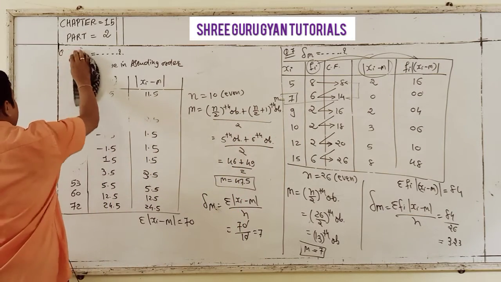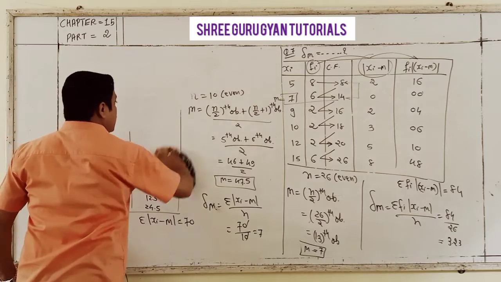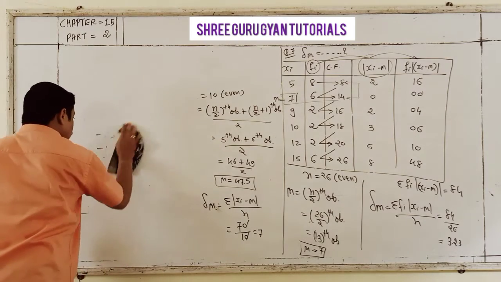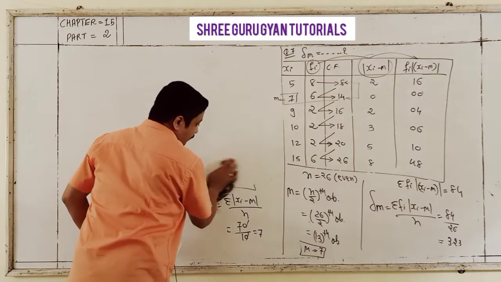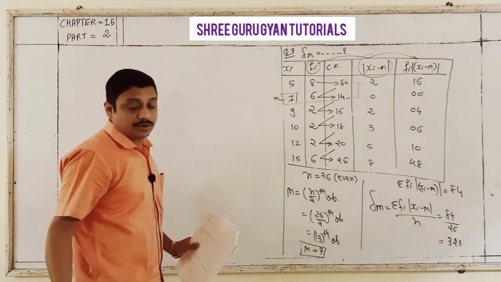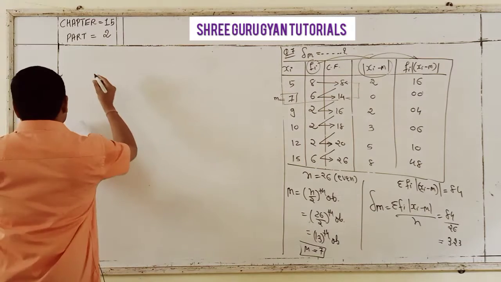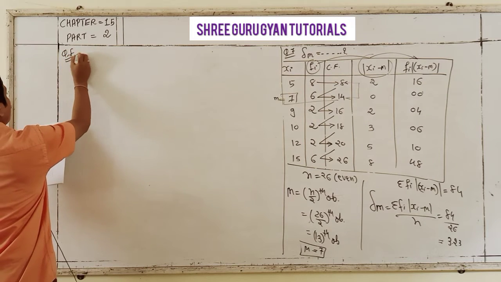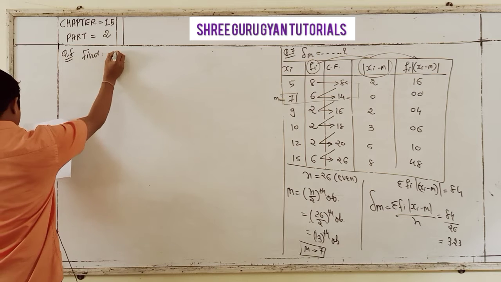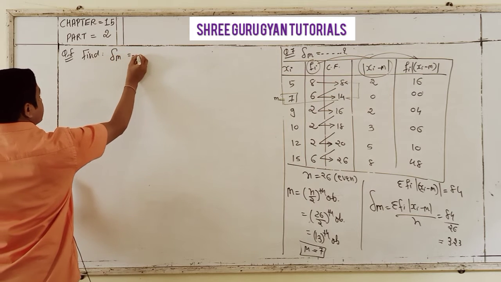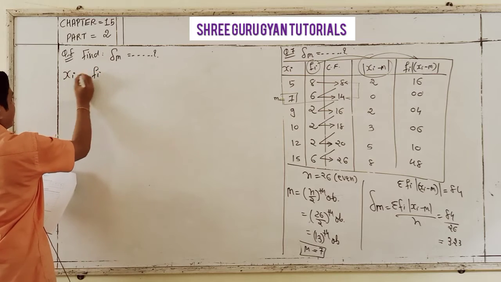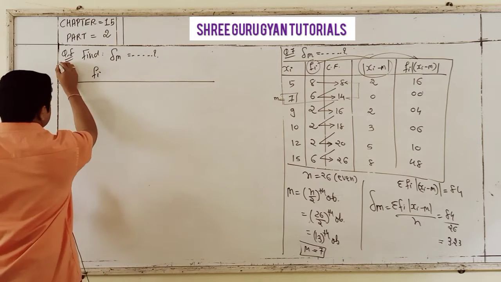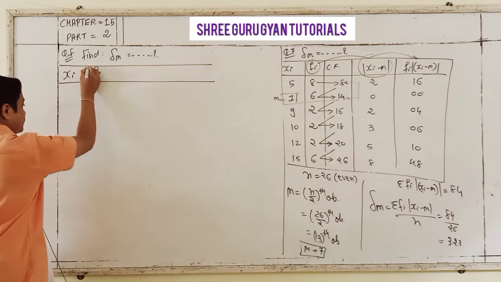Find the average deviation about the median. Question 8. Find your del m, and the question is xi fi. In this process you will explain the same here, students.